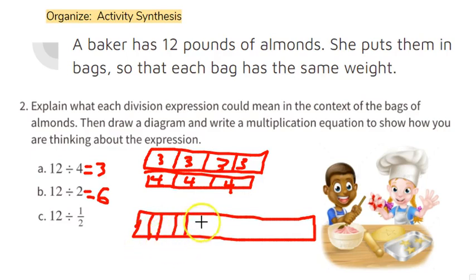There's 2 whole, 3 whole, 4 whole, 5 whole, 6 whole, 7 whole, 8 whole. I'm going to have to add a few more here.